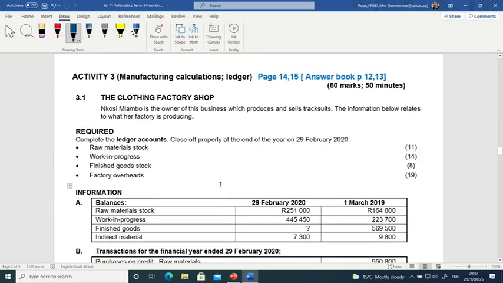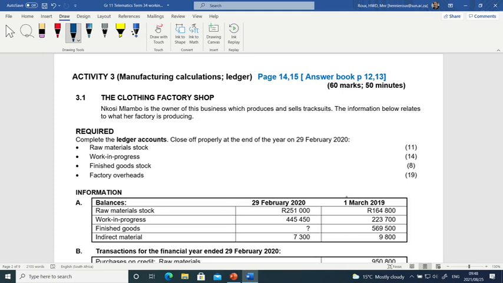This is information given on Nkosi, the owner of the business of the clothing factory shop, and they produce and sell tracksuits. And then they give us the information. What we have to do is those 4 accounts. We have to show the raw material stock account, work in progress, finished goods stock account as well as the factory overheads with all the information.